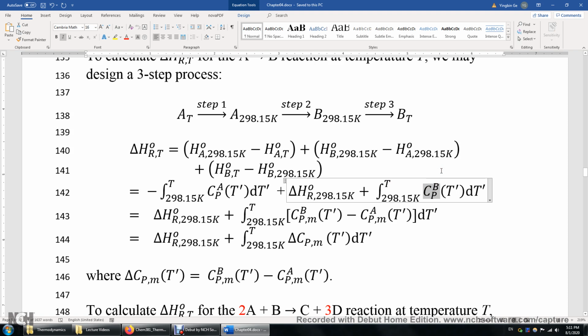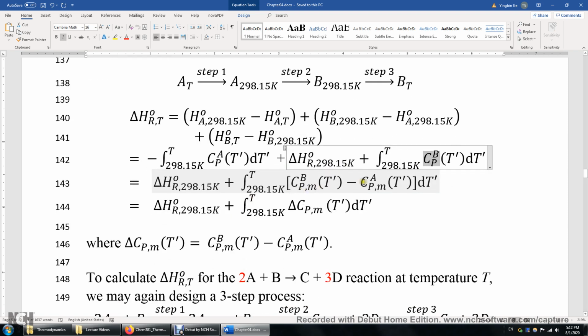Now, what we can do is very simple. We combine all the terms, and you can see that this integral and this integral can be easily combined, giving Cp of B minus Cp of A together. So in the end, we have the enthalpy of reaction at temperature T equal to the enthalpy of reaction at room temperature plus this correction.